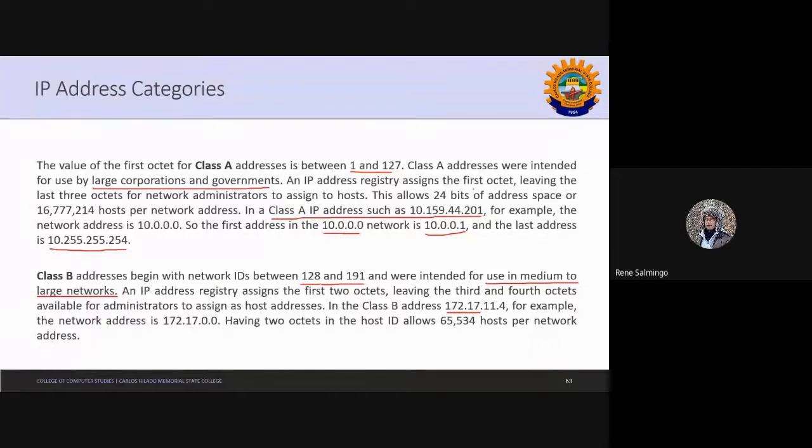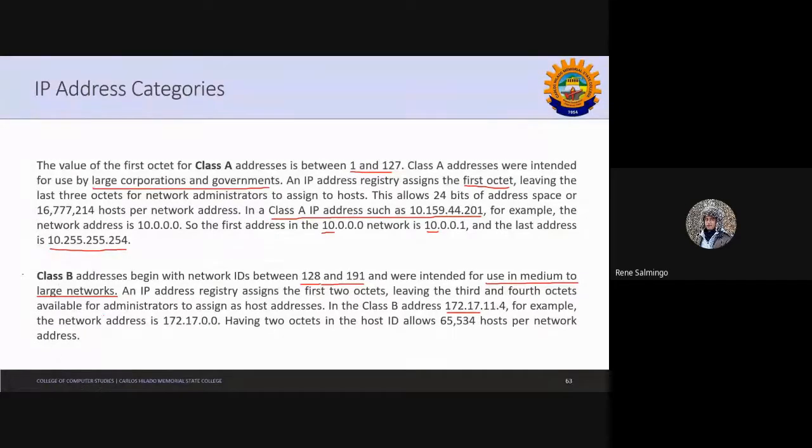Class A only assigns the first octet. In this example, the first octet of Class A is 10. So that's for Class A.